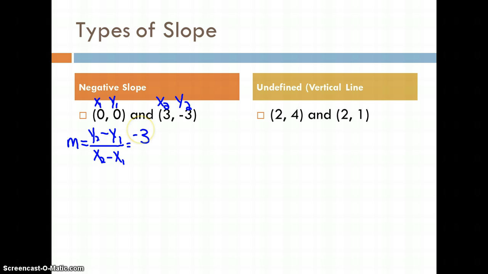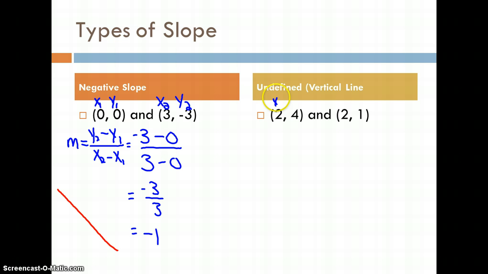Y2 I have negative 3, y1 I have 0. X2 I have 3, x1 I have 0. I end up with negative 3 over positive 3. That is negative 1. A negative slope will go down like that from left to right. And we'll see those here again, like I said, in a second.